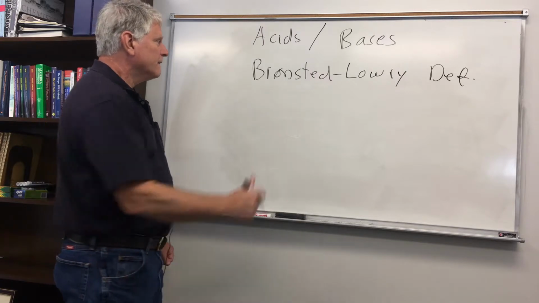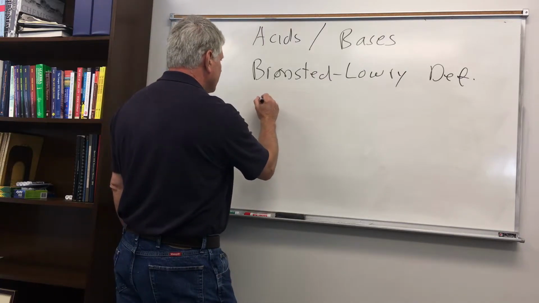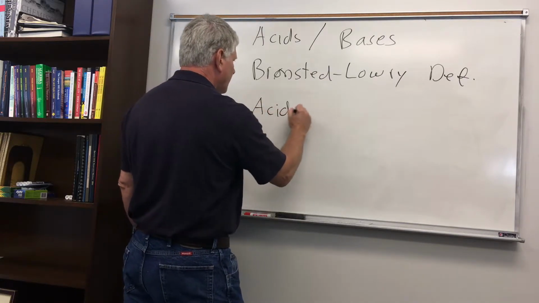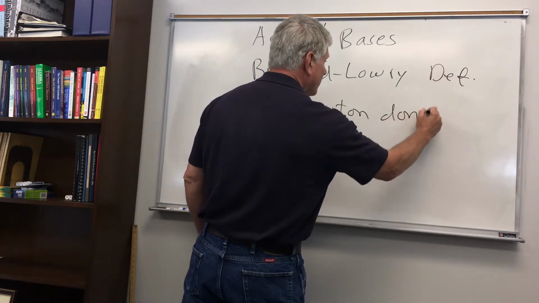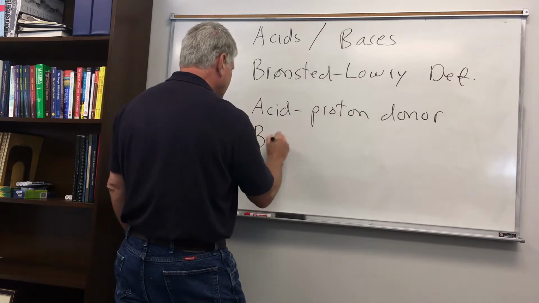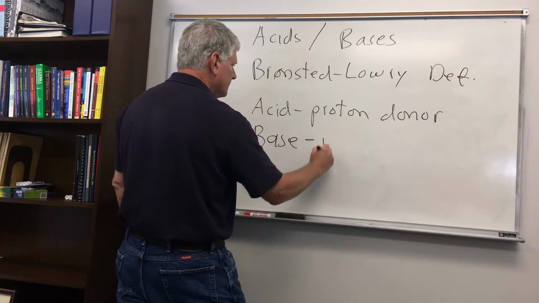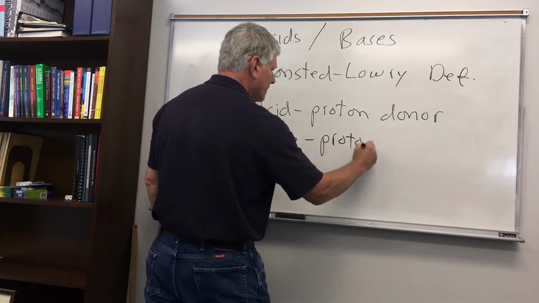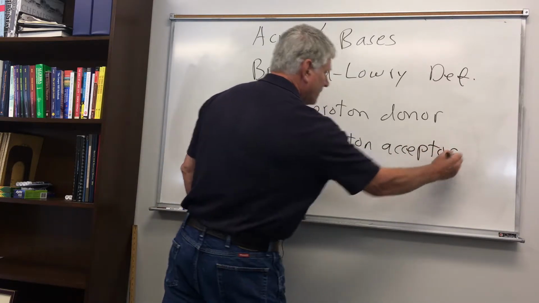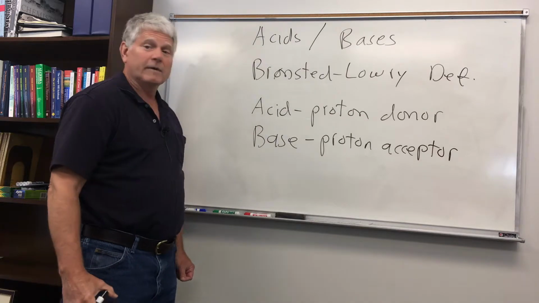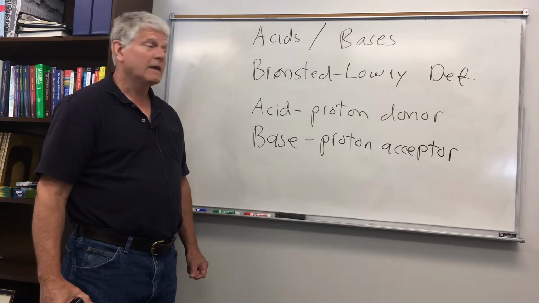In this case, an acid is a proton donor and a base is a proton acceptor. So these are the definitions of an acid and a base that we'll mainly use in this class.